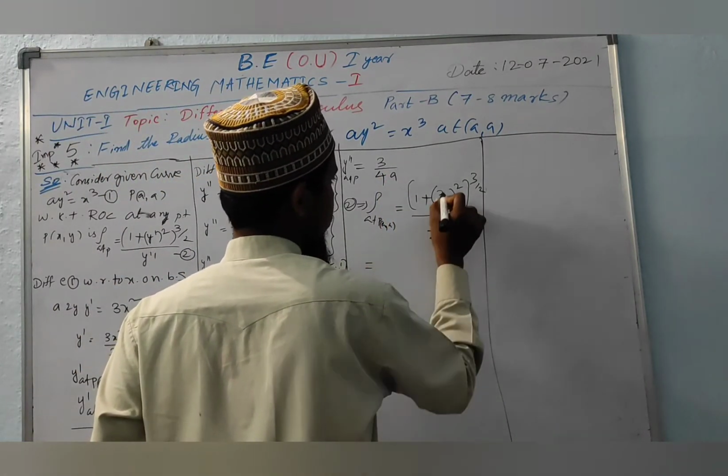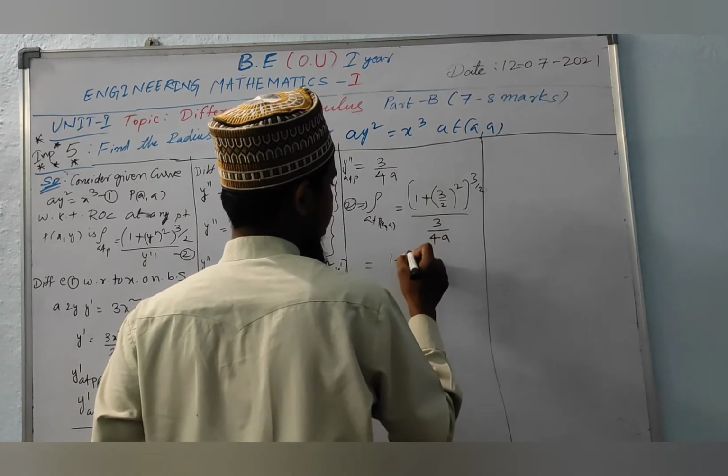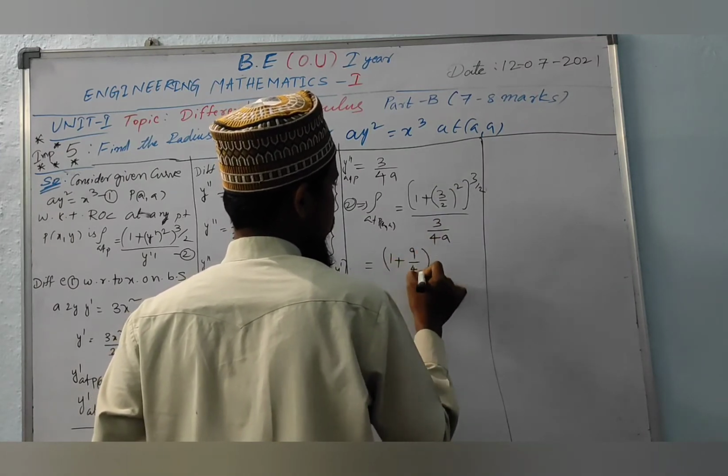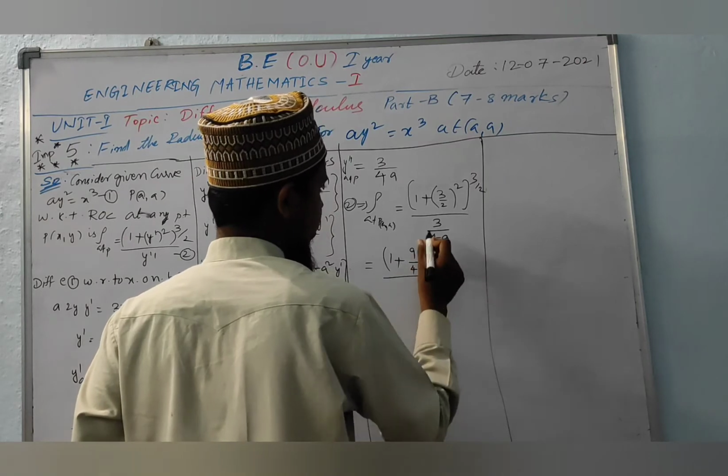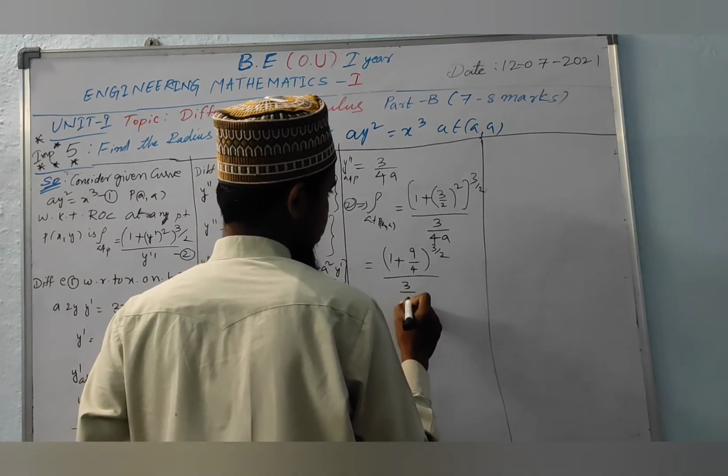Now see here, 1 plus 3 square, 9 by 4, whole to the power of 3 by 2, by 3 by 4a.